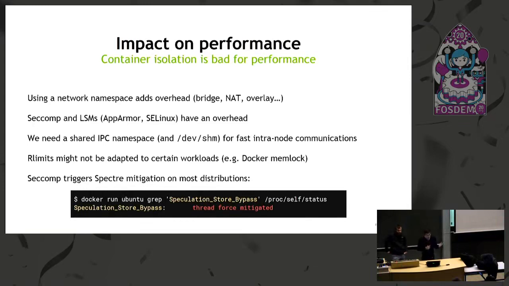And Docker and other runtimes also try to tune your rlimits, which sometimes are not really adapted. For example, memlock is pretty low on Docker by default. And something that's less known is that when you turn on seccomp, which is on by default on a lot of distributions, you also turn on Spectre mitigation. So if you're concerned about performance, we actually don't want that.